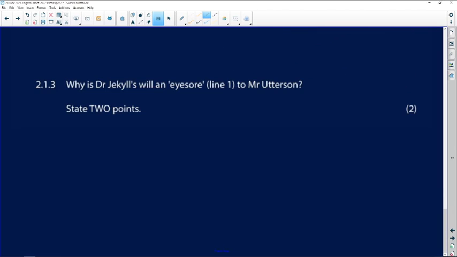This means that you really need to know your text and state 2 points. Remember, when you have anything in inverted commas, you need to explain that. So you need to paraphrase, give me a synonym, explain it in your own words, and then 2 points to explain whatever this word is.